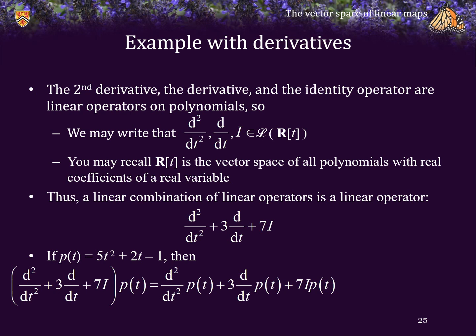The derivative of P of t is 10t plus 2, and that is all multiplied by 3, so that's 30t plus 6. And the identity operator multiplied by that polynomial leaves that polynomial unchanged. So 7 times that is 35t squared plus 14t minus 7. So we can add those up, and we get that the resulting polynomial is this polynomial here, 35t squared plus 44t plus 9.